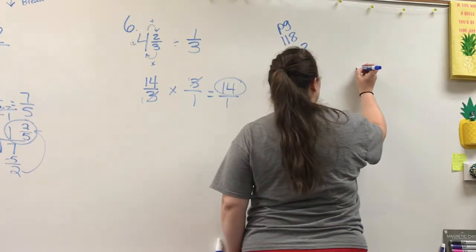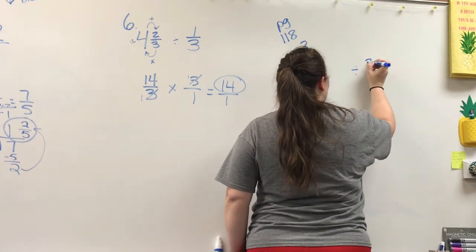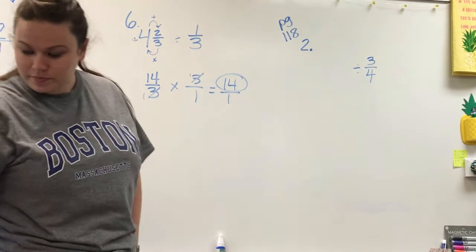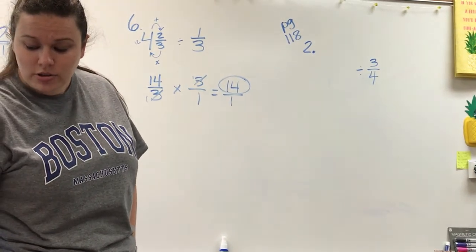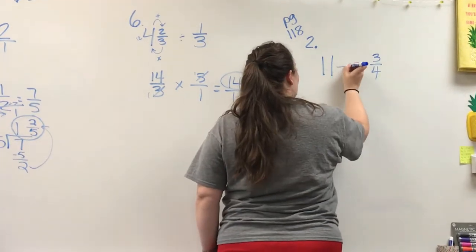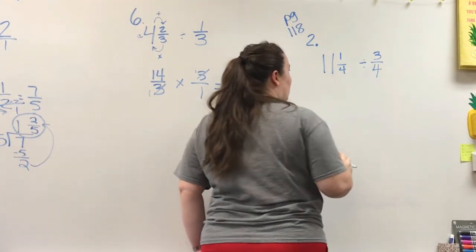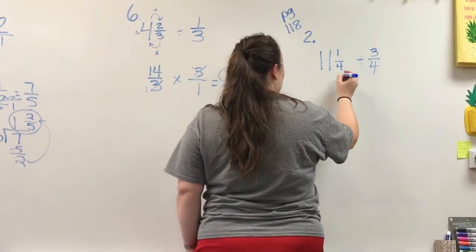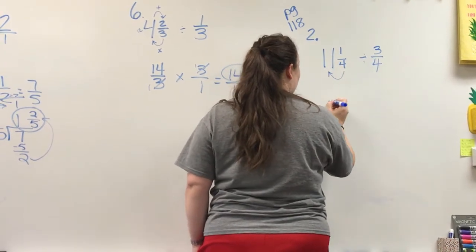We know that servings are going to be our second number. 3/4. Okay, our original number was 11 1/4. Okay, now that we have it set up and we're looking for those keywords when we're reading the story, we can move on with life.